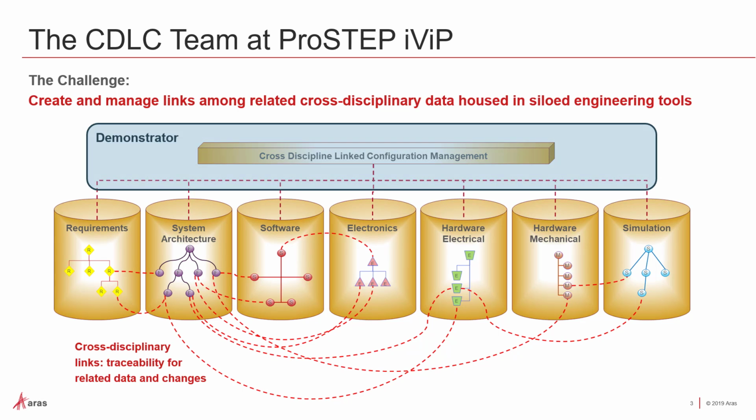Today's demonstration will show how the Aras platform can create and manage digital links between related data in separate software systems. These relationships allow change and configuration management processes to be driven by the platform out to the separate tools where the data was originally authored, improving collaboration among cross-functional teams.